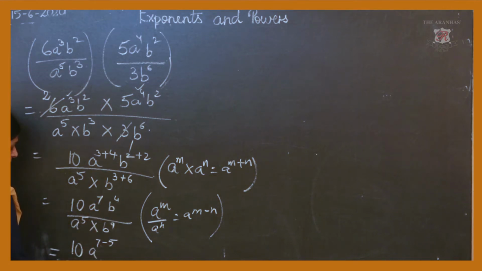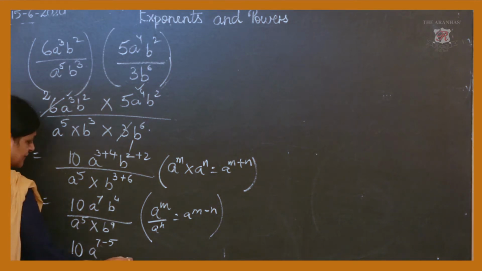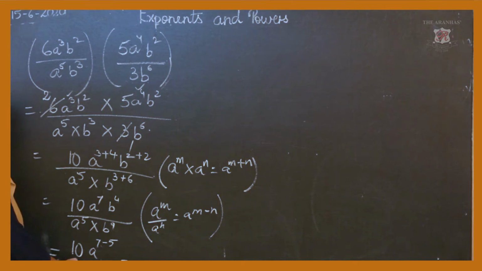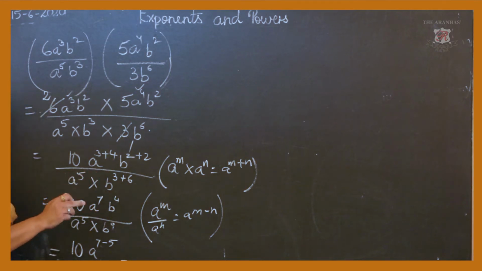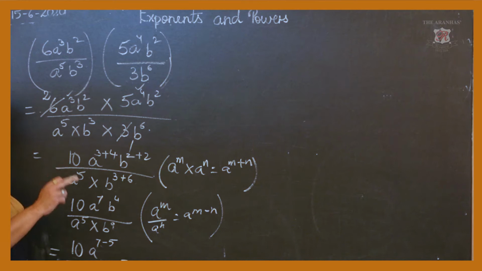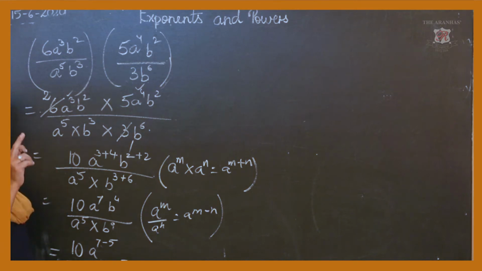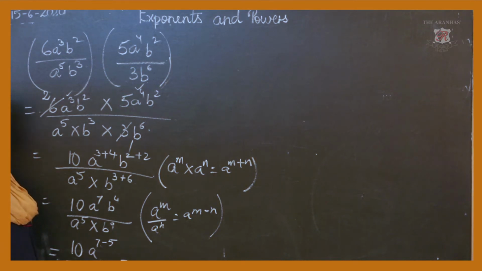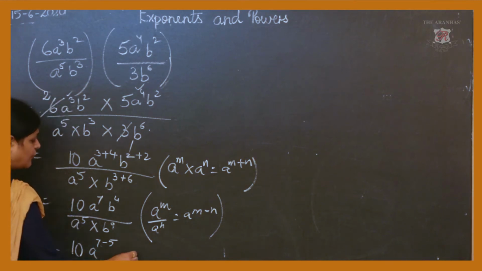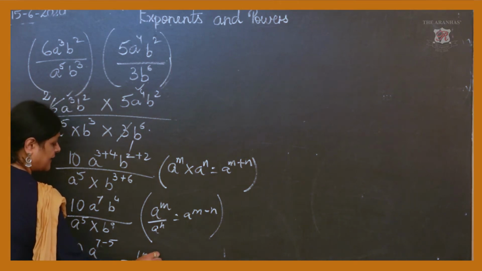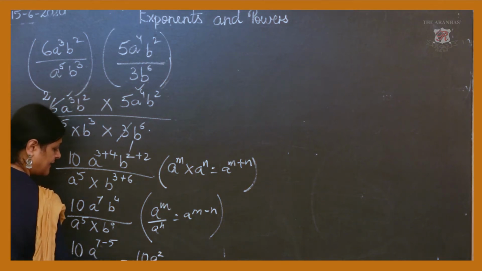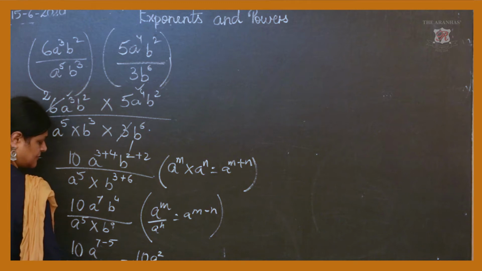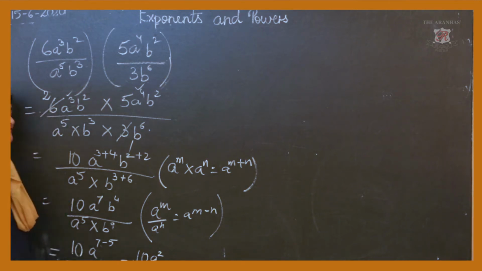Upon b, 9 minus 4. That is equal to, now here why are you taking this? Because your n is greater than m. So I have told you all, a raised to m upon a raised to n is equal to a raised to n minus m when n is greater than m. So here it will be what? 10a to the power of 2 upon b to the power of 5.